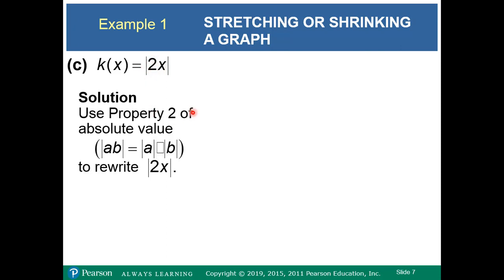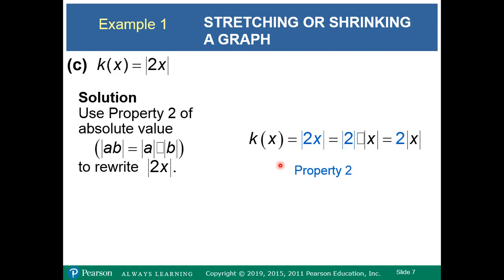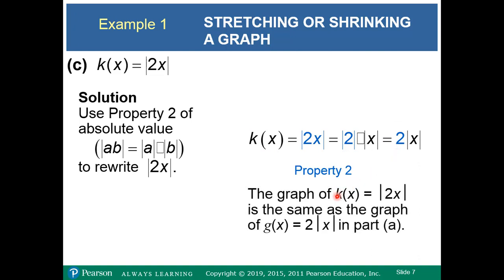Now we're going to use property 2 of the absolute value that we talked about in the review: the absolute value of AB equals the absolute value of A times the absolute value of B. So we can rewrite this as the absolute value of 2 times the absolute value of x, so we get 2 times the absolute value of x. So k of x is equal to this. The graph of k of x is the same as the graph of g of x that we saw before in part A.